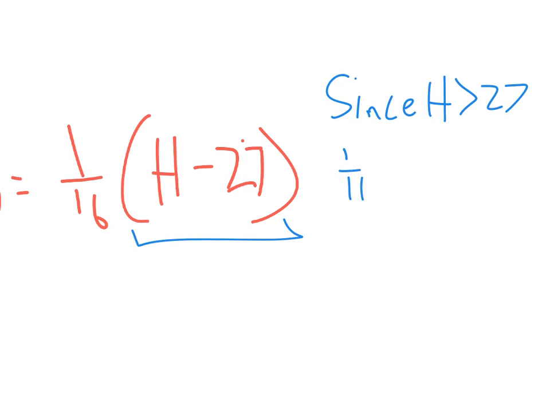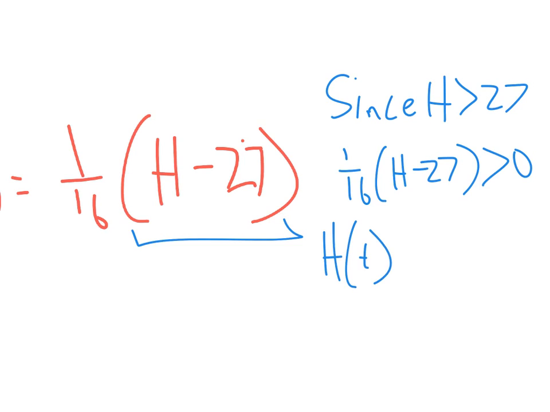So 1/16 times h minus 27 is going to be greater than 0, which means concave up. So we got h of t is concave up. It's always positive.